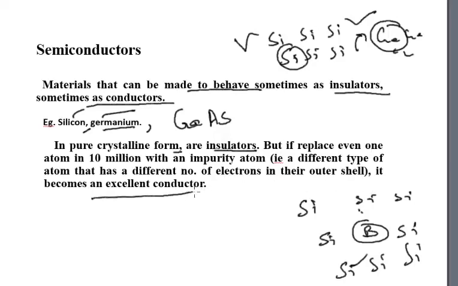They become excellent conductors after that. If we mix an impurity of the third group, they become p-type semiconductors, and if we mix an impurity of the fifth group, they become n-type. So we have p-type and n-type semiconductors.